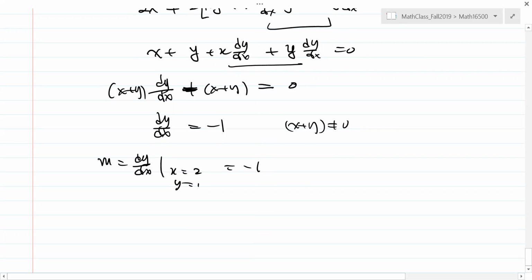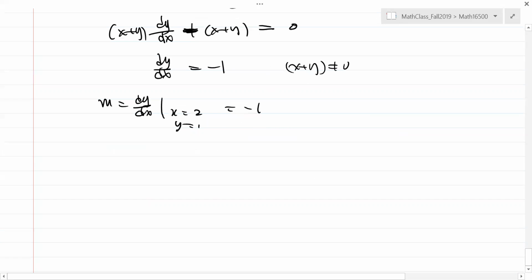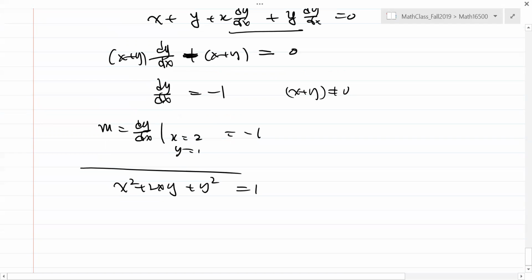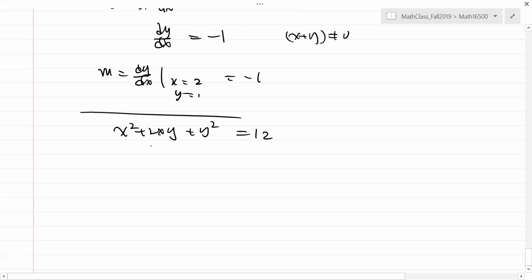And actually, if you go back to x squared plus 2xy plus y squared equals 12, look at this. This actually is x plus y squared equals 12. So x plus y equals plus minus... Wait a minute. I think I missed the number here.